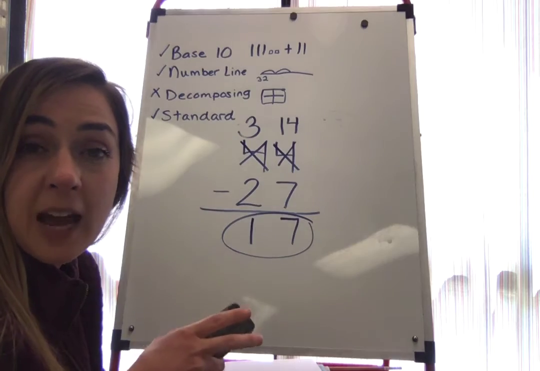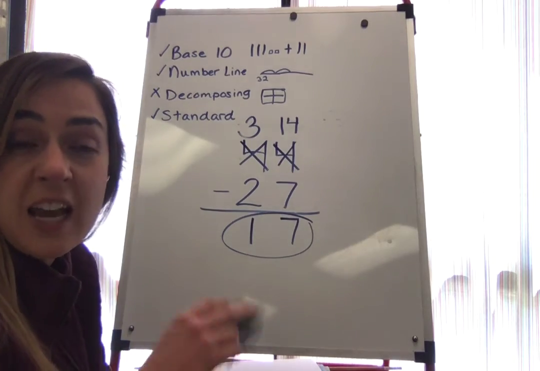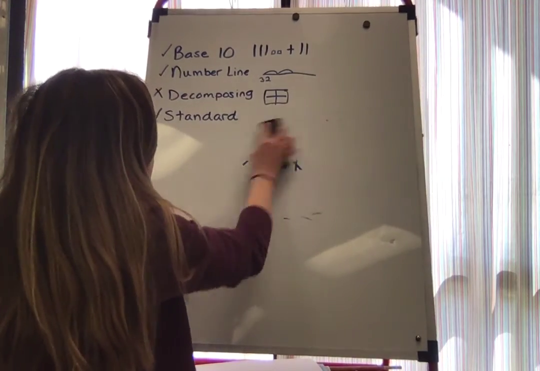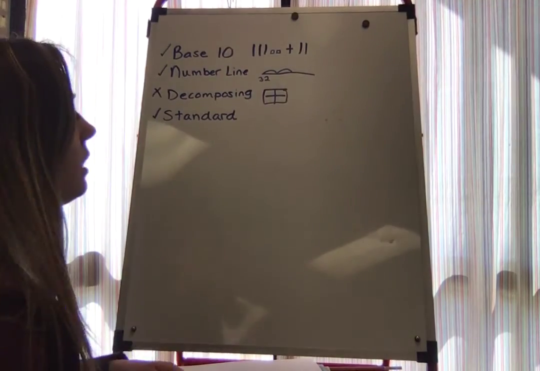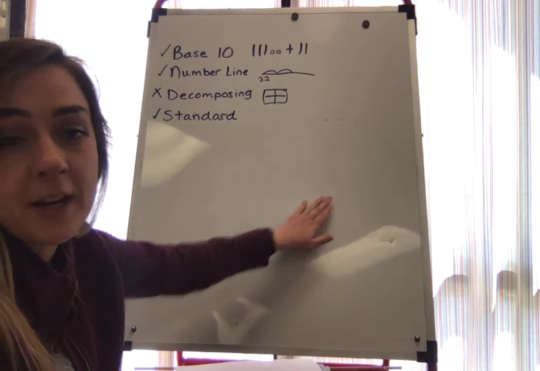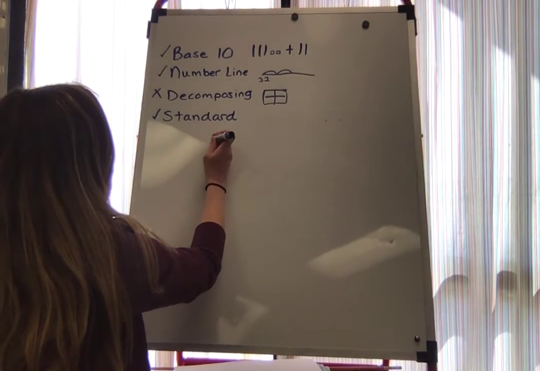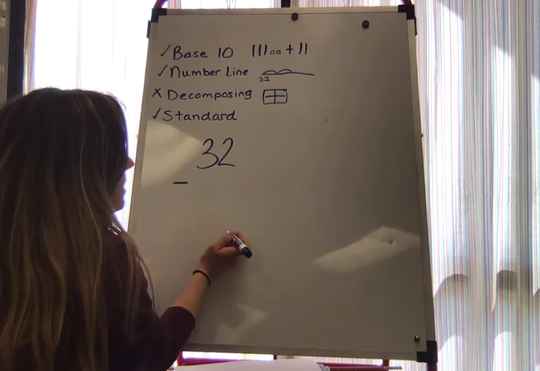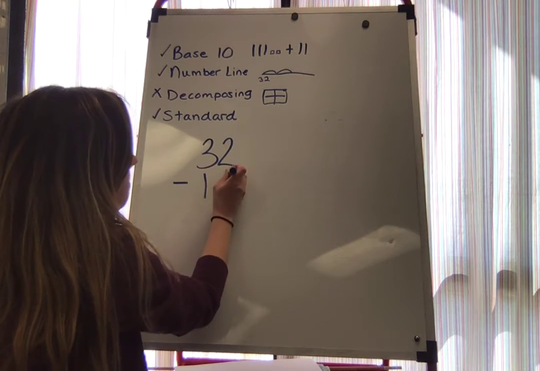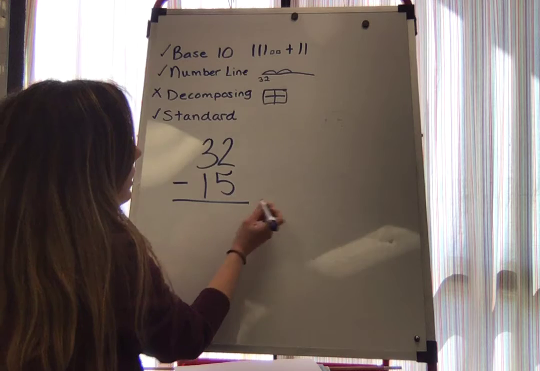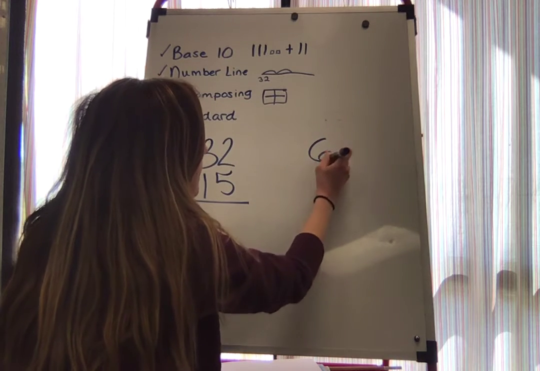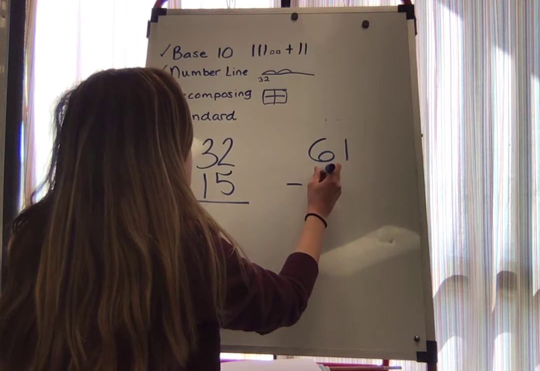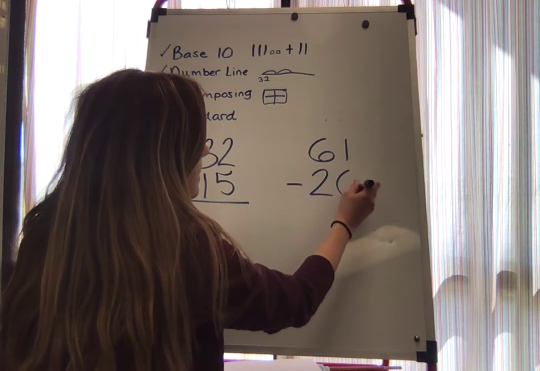So now you are going to practice doing 2 by yourself, and then you're going to go over to the boom deck in the yellow box on the choice board and practice more. So let's go. All right. So the 2 that you're going to solve by yourself, 32 minus 15 and 61 minus 26.